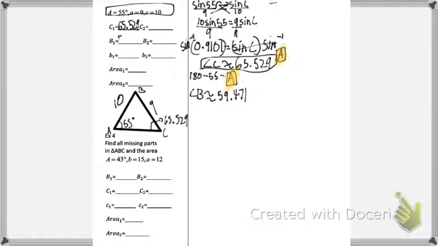So right, 59.471, and then here 59.471. And let's save this as letter B.